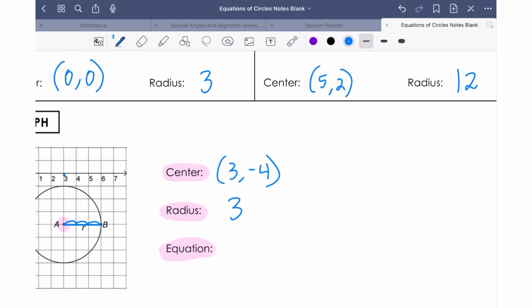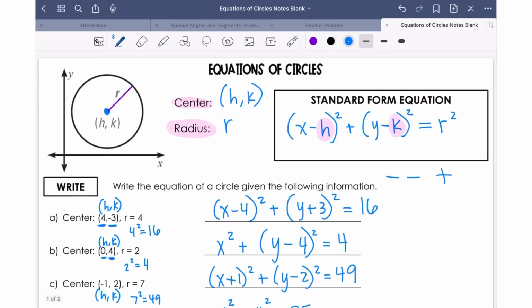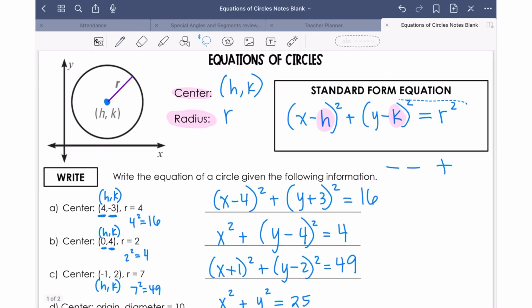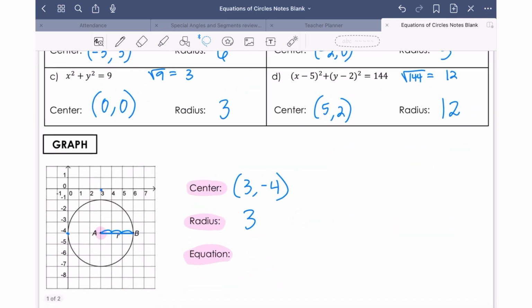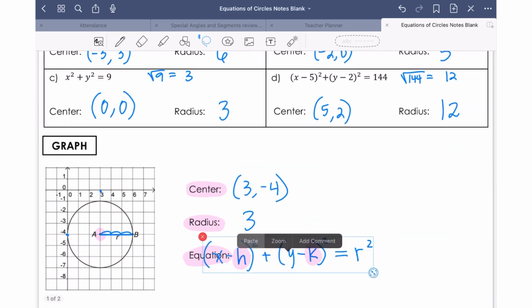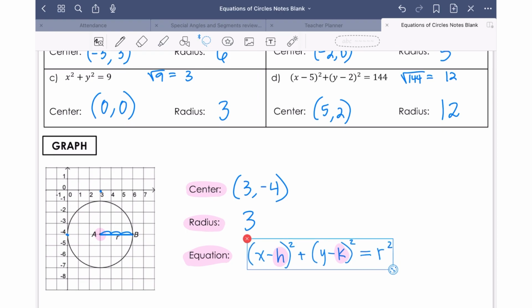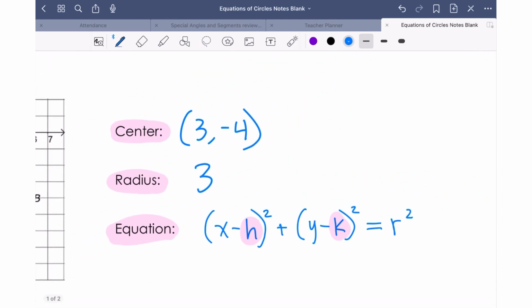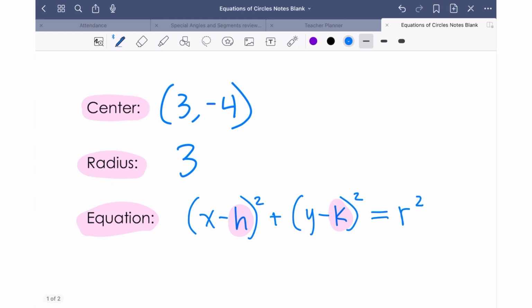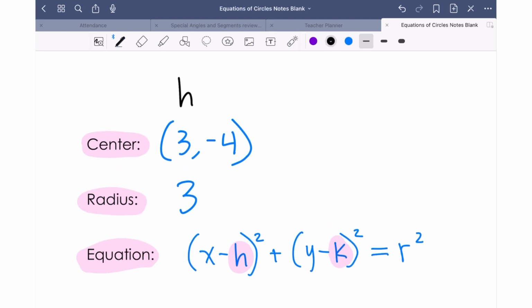So follow the format. Let me bring it down over here. Here's my equation. So let's follow it like a recipe and write the equation. So this is my HK, the center.